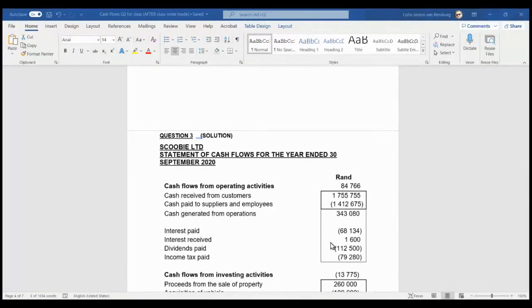Why? We've mentioned that last week already. I've mentioned it again, but I'm just going to reiterate it. That is because the accrual of our credit sales was recorded there. When we made our credit sales, we would have recorded it on our debtors account. And when our debtors made payment to us, we would also have recorded it on our debtors account, right? Besides the bank account, also on the debtors account.